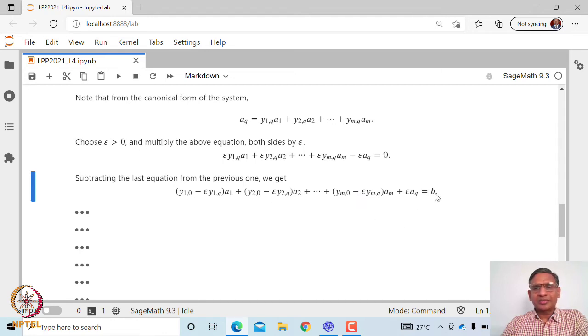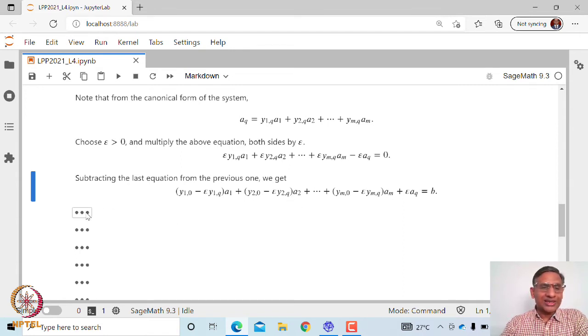Then only you will get a basic feasible solution. So we want all these coefficients of a1, a2, am to be non-negative, and epsilon should also be non-negative. In fact, epsilon has to be positive, then only it will enter as a basic variable, but then one of them has to go out, right? That means epsilon has to be equal to some yi0 upon yiq.